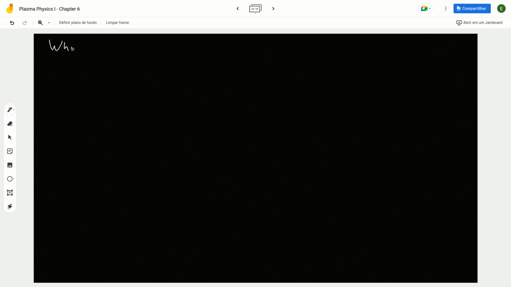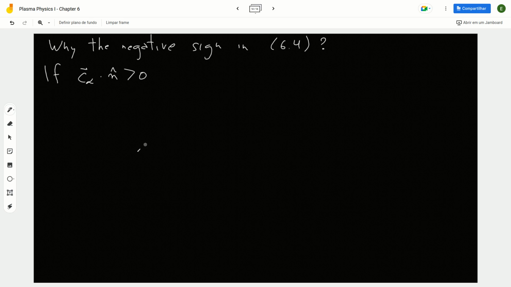Suppose you have C alpha dot n larger than 0. What is this situation? You have your area element, ds.